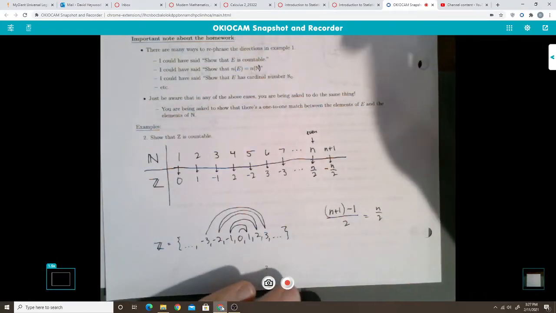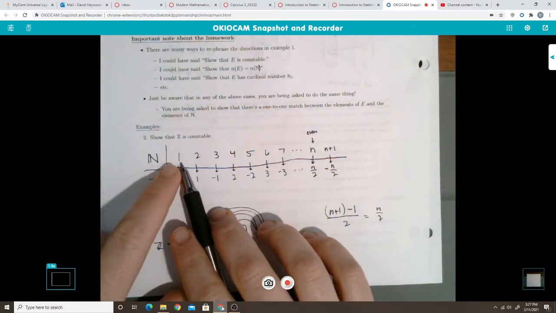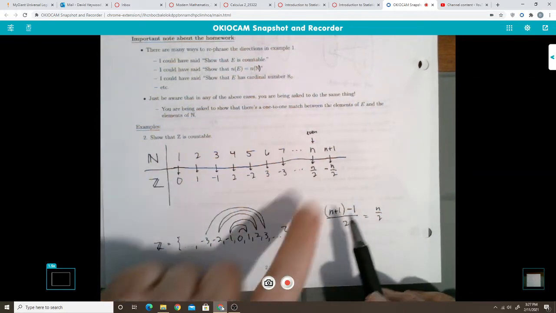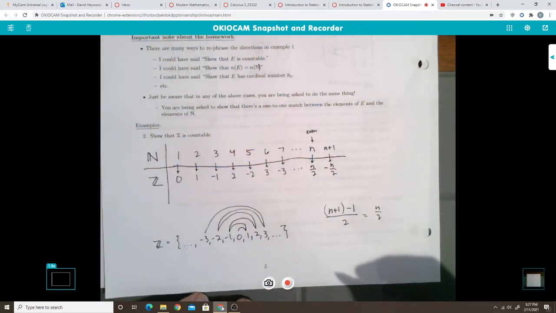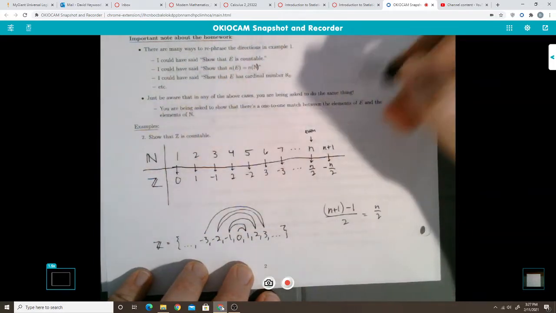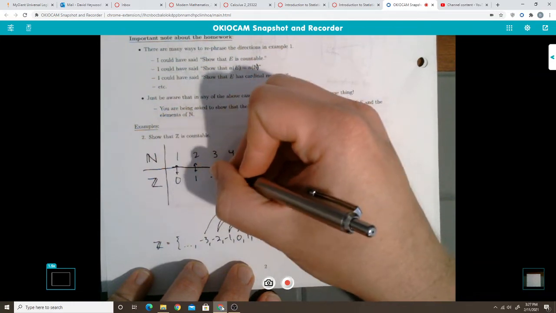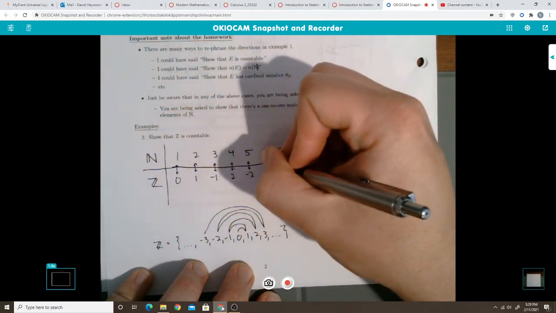Okay, I wanted to mention something else about that last example. Instead of taking n all the way out to n, what if we were interested in how we go the other way around, right? Like if I'm trying to map 0 somewhere or 1 somewhere, how would I do that?